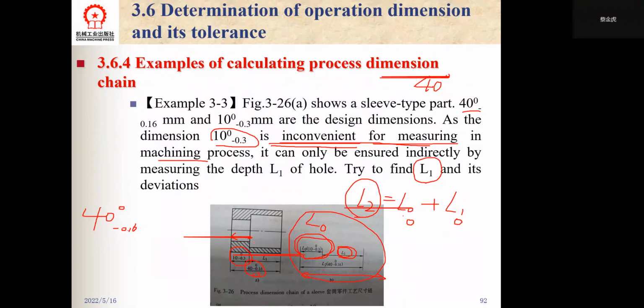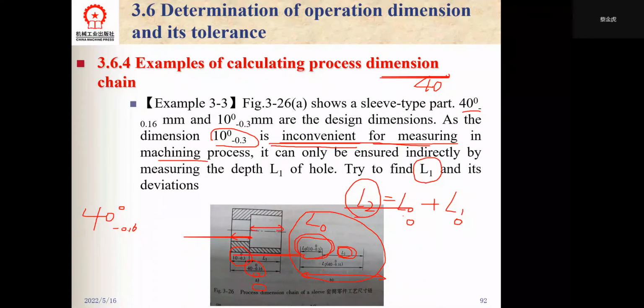In the last step, because we can see in this figure, in the machining process we first get L2, the dimension 40, using the machining process, and then we get this dimension, L1, use process this dimension.